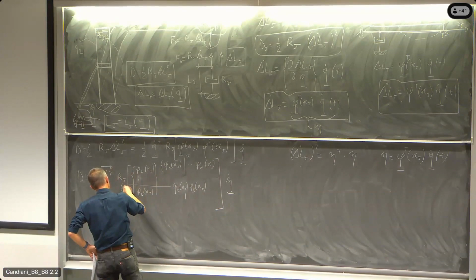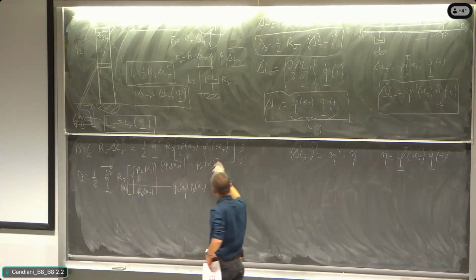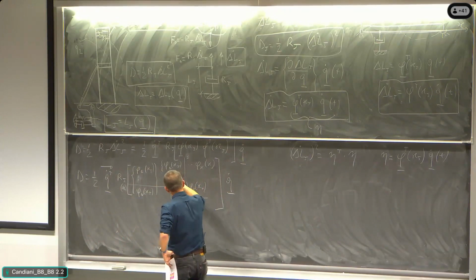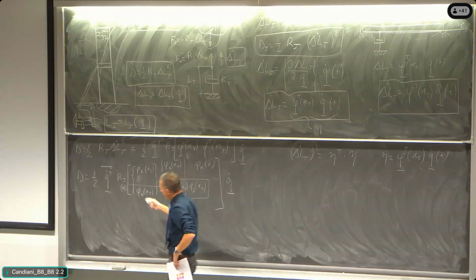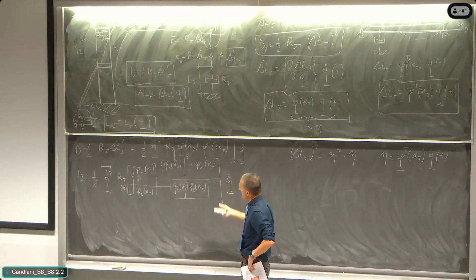Probably in order not to confuse with the i and j that is running here. And so in the generic location of, I write the dissipative function as a scalar that is made by a matrix.